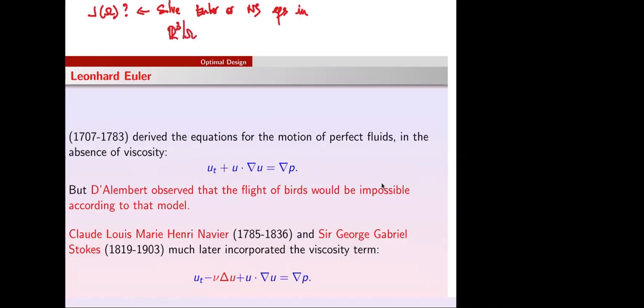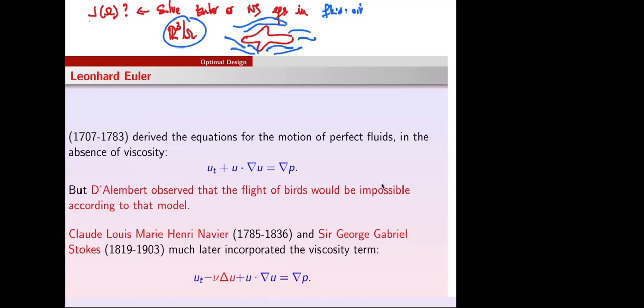Why R3 minus omega? Well, because the aircraft is occupying a given shape, and the air is flowing around. The fluid, which is the air, is precisely occupying the space that the cavity omega leaves.